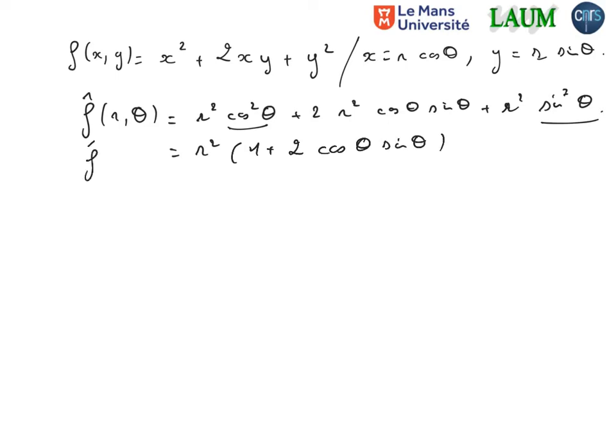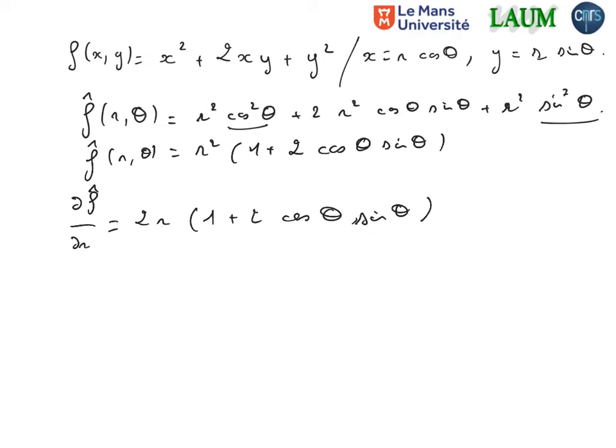So now I have the expression of my function f in the polar coordinates, and then if I want to compute the partial derivative with respect to r, this is very simple because here we can see that all this part is a function which doesn't depend on r, so this is assumed to be a constant, and then this is the r squared, so this is 2r times 1 plus 2 cosine of theta multiplied by sine of theta. So this is my first partial derivative.